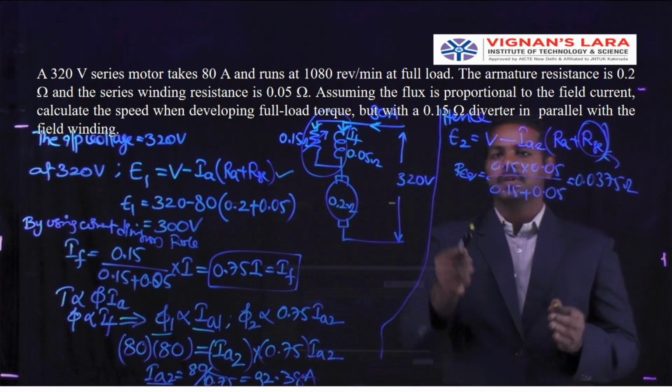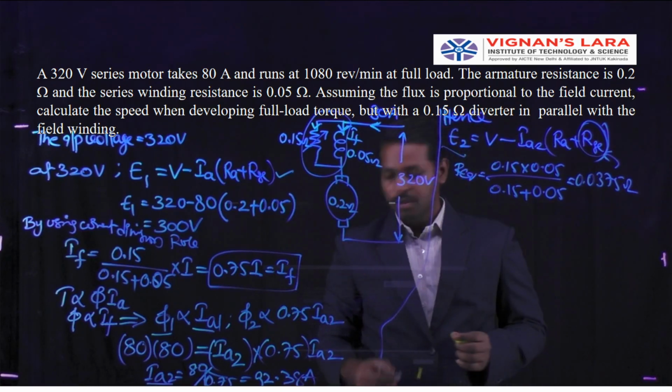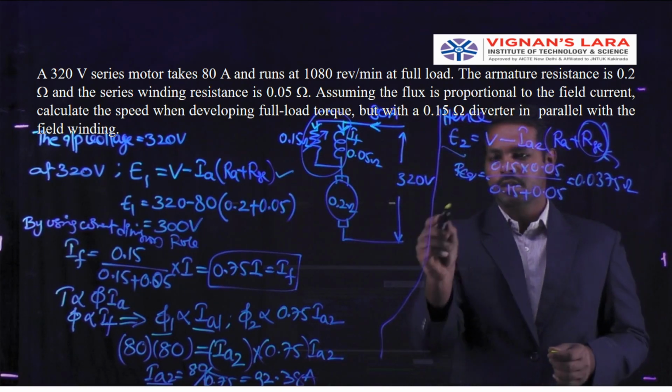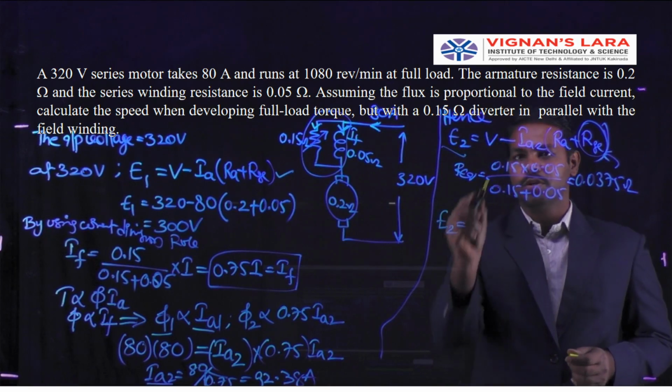On that condition we can find out the E2 value, or back EMF, of the second condition. So E2 is equal to voltage.